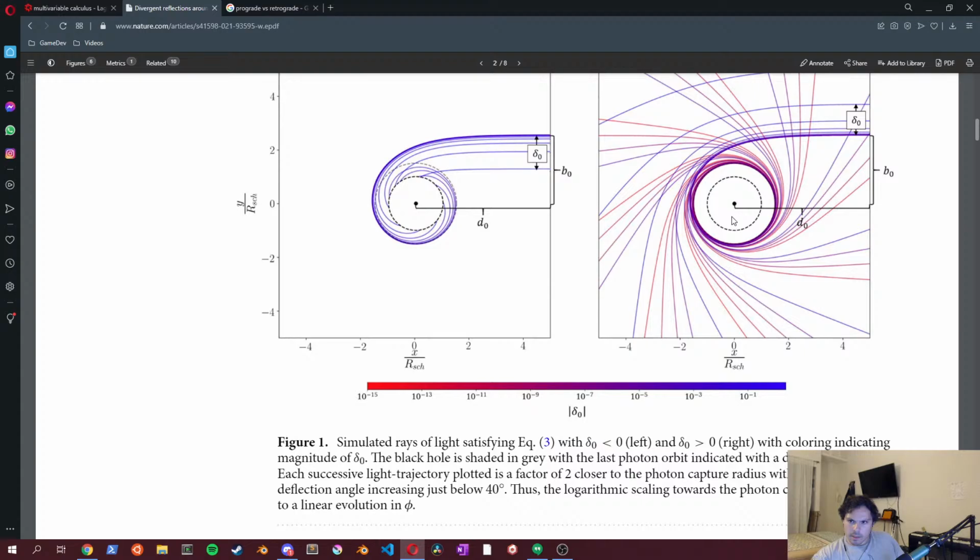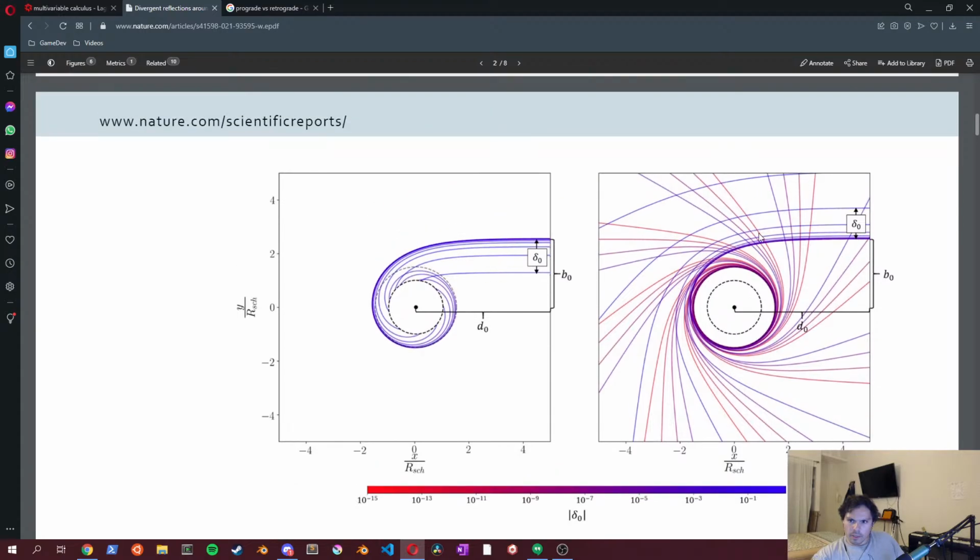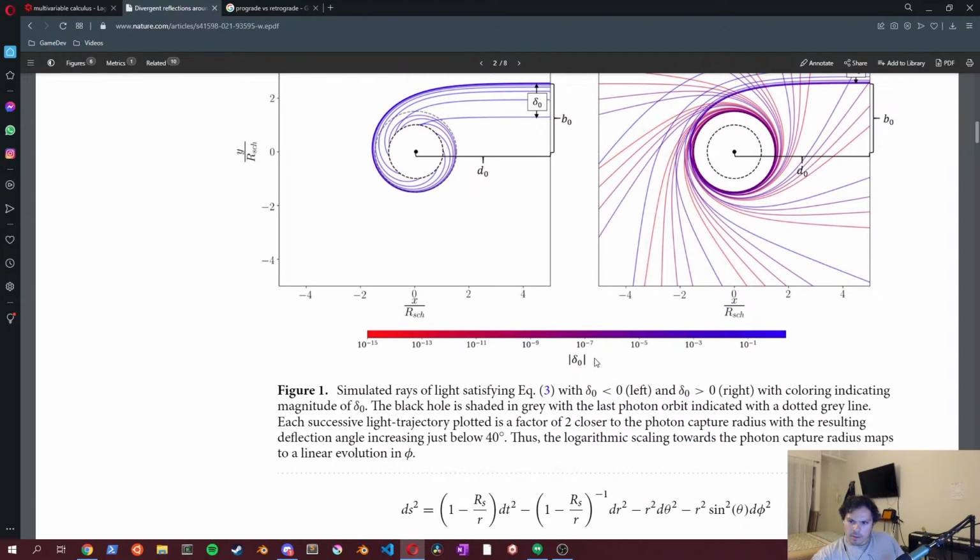On the right it's only the trajectories where you don't fall in. So if I send some light over here towards the black hole, it will spin around and end up shot out in some other direction. Okay.